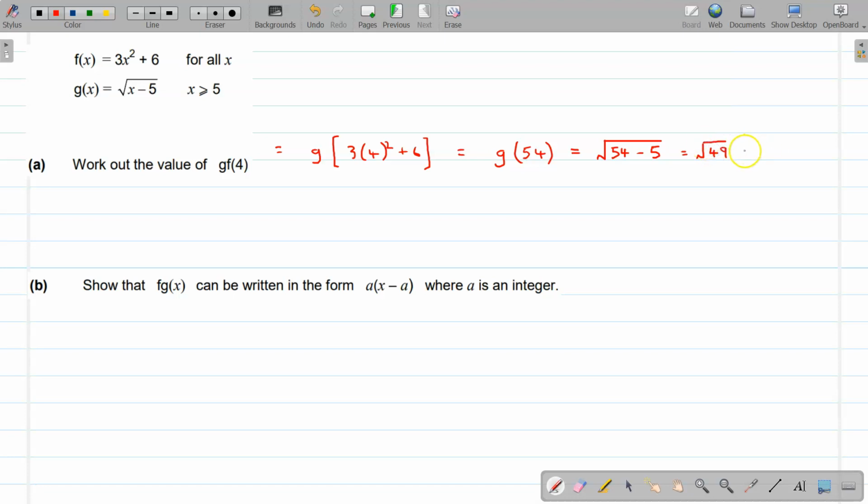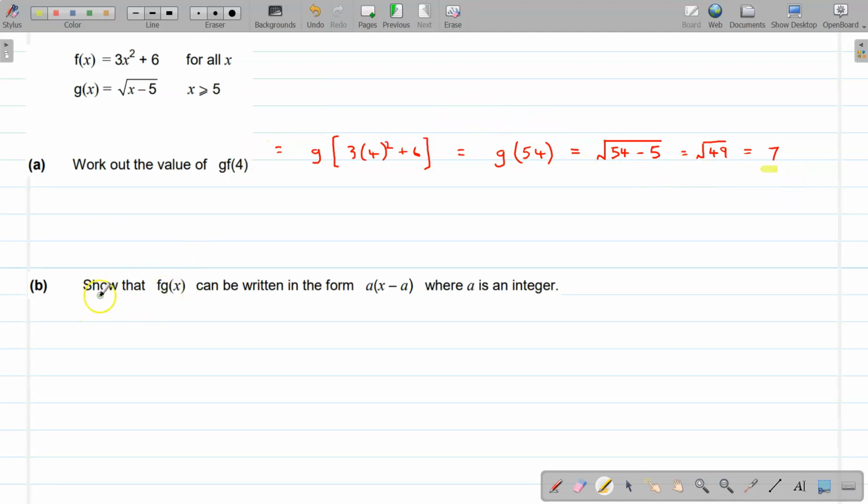And by the way, when you take the square root, although negative 7 squared is also 49, the square root is always taken to mean the positive square root only, unless you're asked for the other one as well. All right, so that's how you do it. And that's the most efficient way. So you didn't actually need to find g f of x as a function. You could have done it that way, but that would take a bit longer.